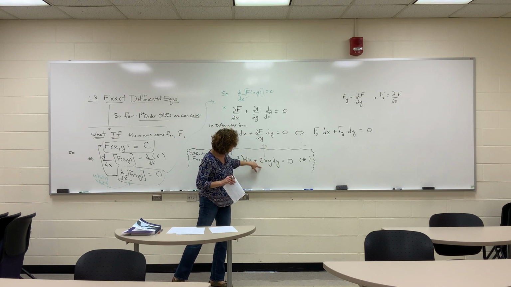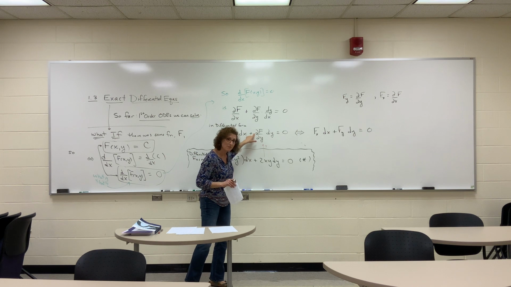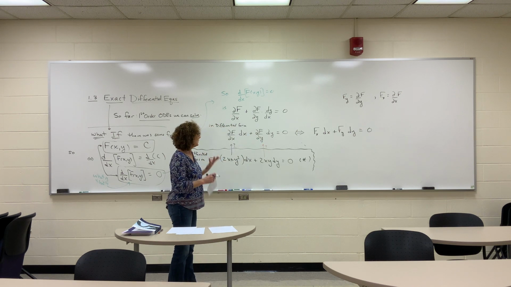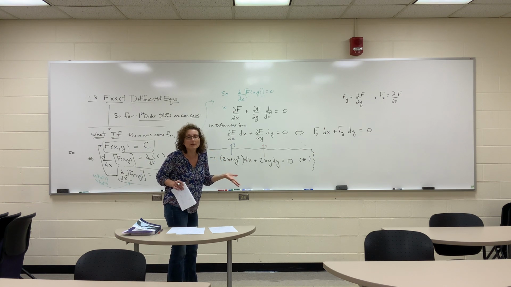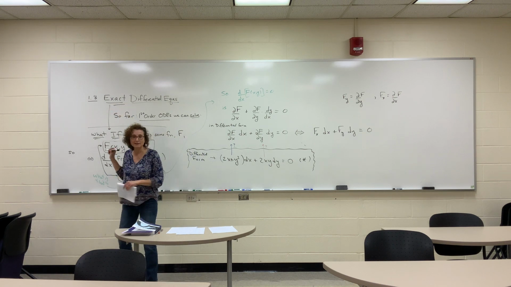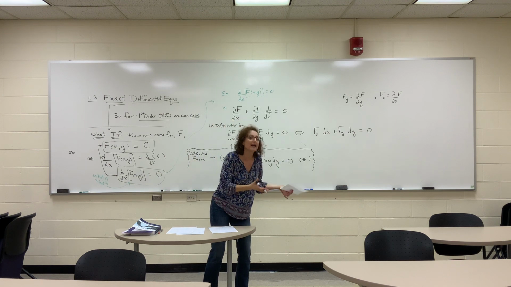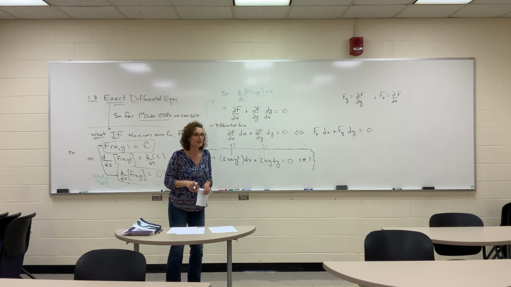And how do we say that this thing multiplying the dy is really the partial derivative of that same unknown function with respect to y? If we had a way to know that, then we might call the equation something like exact.